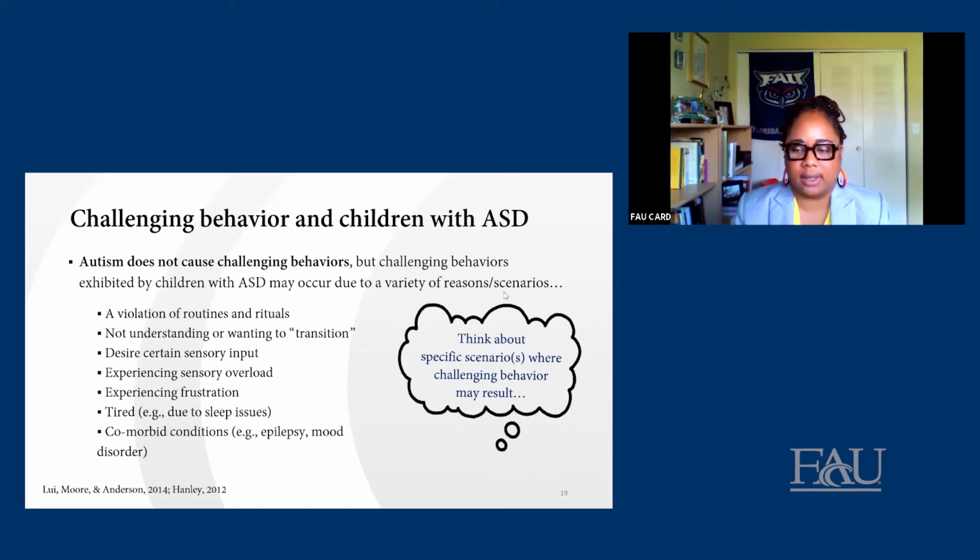Children with autism like to do things in a certain order, at a certain time, and are very specific about that occurring that way each time. Children with autism might not want to transition when you're ready to have them transition, so you will see a reaction in terms of a challenging behavior.